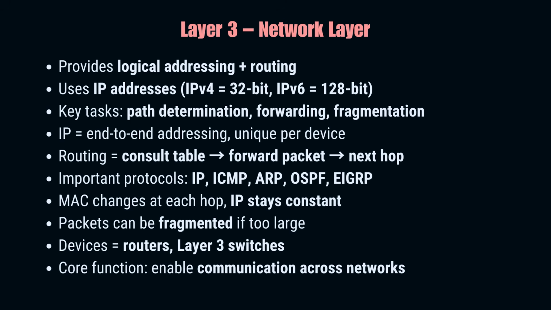Important Layer 3 protocols include IP for primary addressing and routing, ICMP for error messages and diagnostics like ping, ARP for mapping IP addresses to MAC addresses, and routing protocols like OSPF and EIGRP. The crucial distinction between layers is that Layer 2 MAC addresses change at every hop for local delivery, while Layer 3 IP addresses remain constant from source to destination, providing end-to-end addressing.